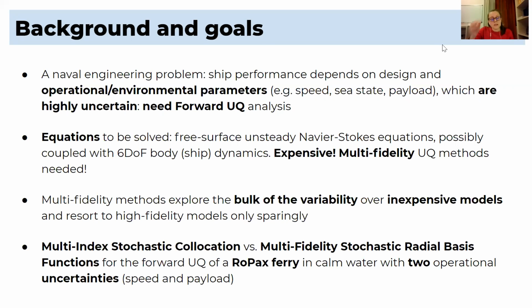So we take these two multi-fidelity methods, MISC, multi-index stochastic collocation, and multi-fidelity stochastic radial basis function. We perform this UQ analysis for a specific type of ship, the Europax ferry sailing in calm water. The two uncertain parameters are two operational parameters, the speed and the payload.